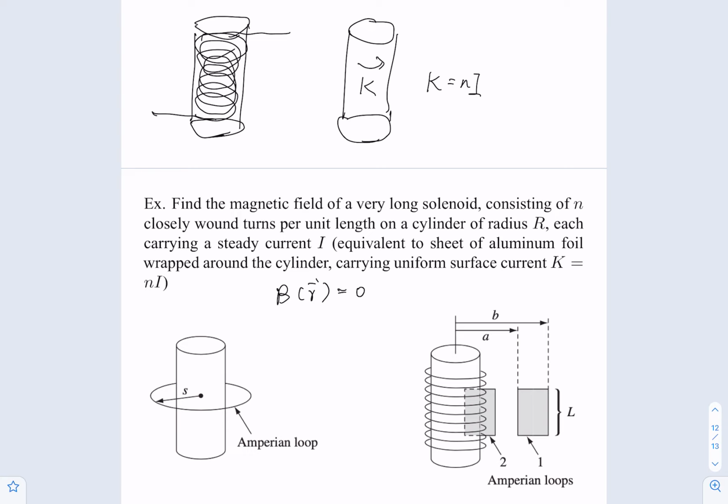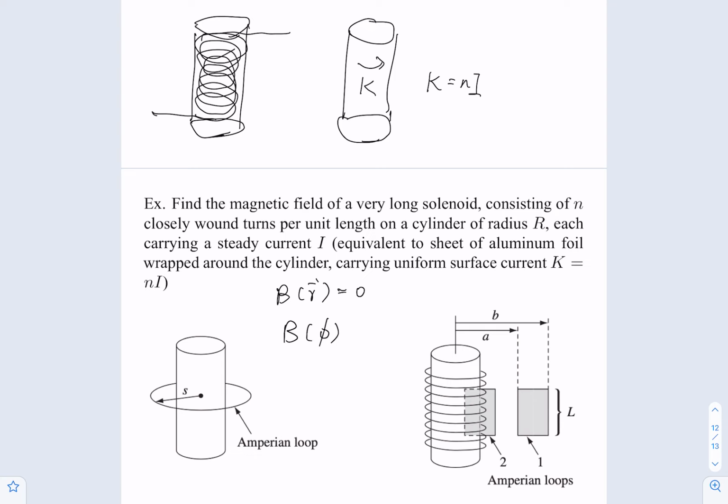But in this case, flipping the sign of the current is simply turning the solenoid upside down, so that doesn't change anything. So this B radial should be exactly 0.